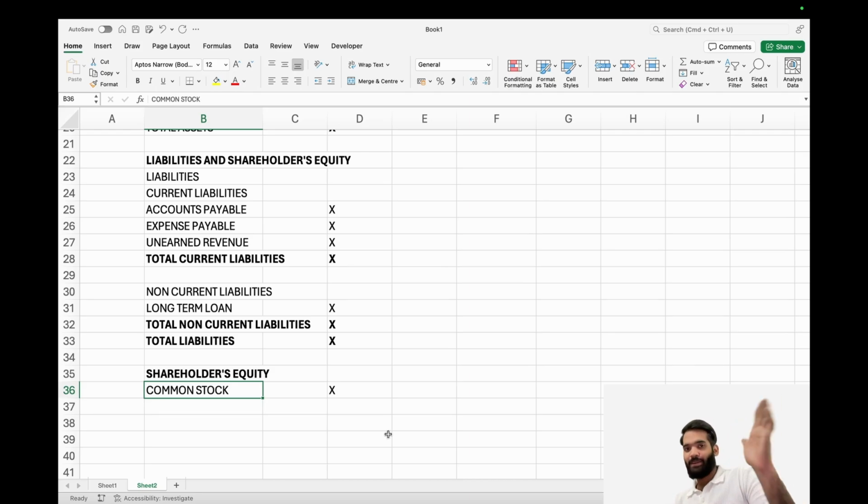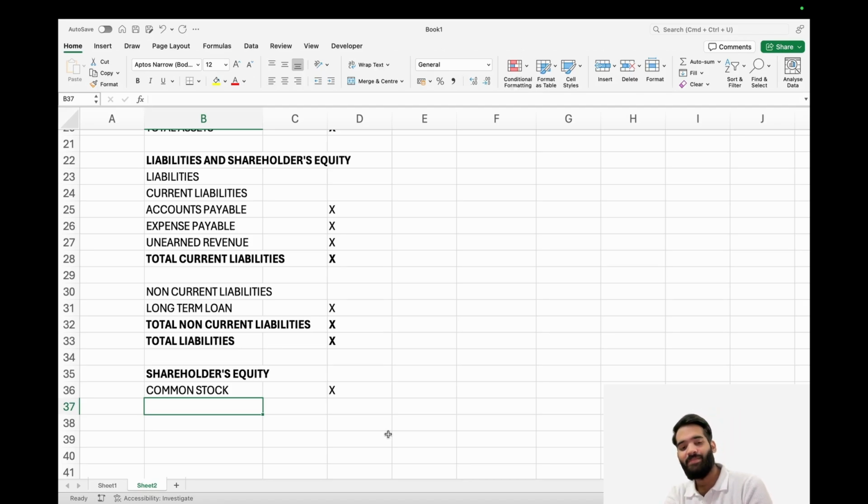So capital and common stock both mean the same thing. Both refer to the money owners invested into the business. The only difference is common stock is the money we received from the owners for the shares, and the capital is just the money that was directly given by the owner without any shares. So conceptually they are similar, but technically they are different things.